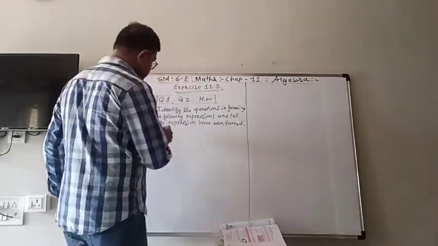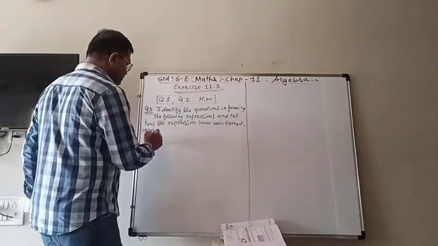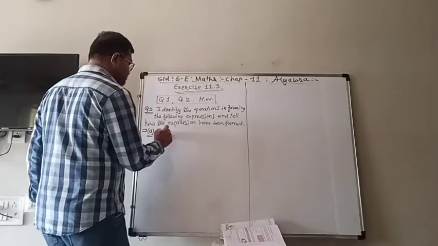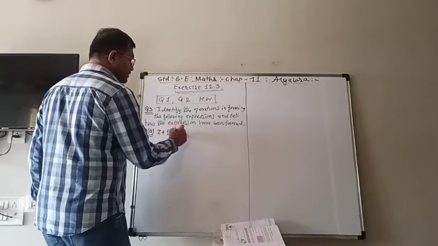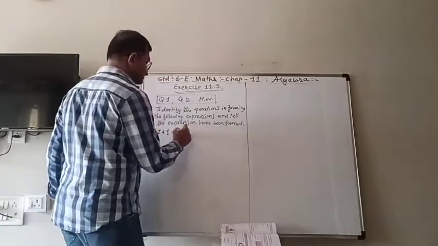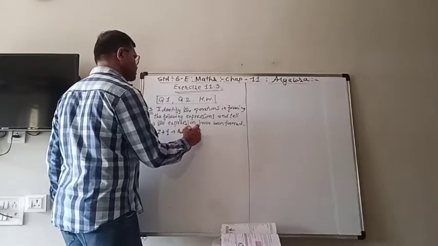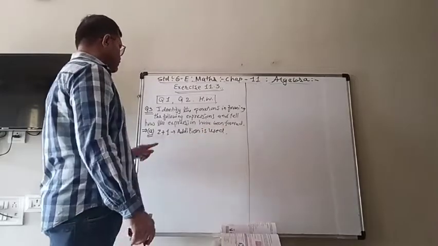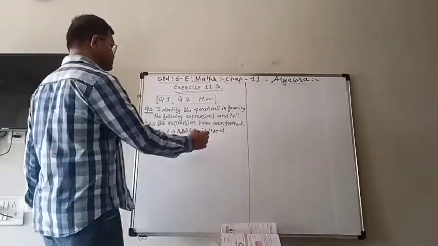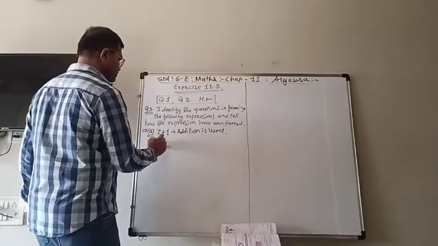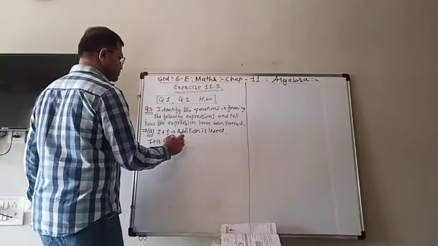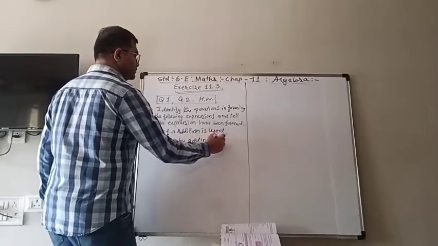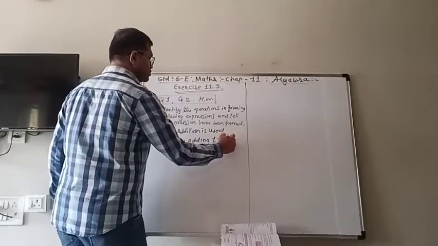The first one has different parts. First is z plus 1. Here addition is used. So how did we get it? 1 is added to z. It is formed by adding 1 to z.